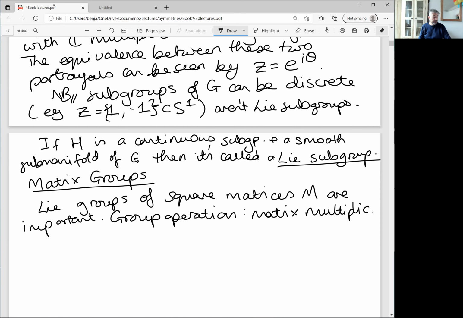So remember, one of the group axioms says that the inverse has to exist for every element. And so that requires that these matrices are non-singular.